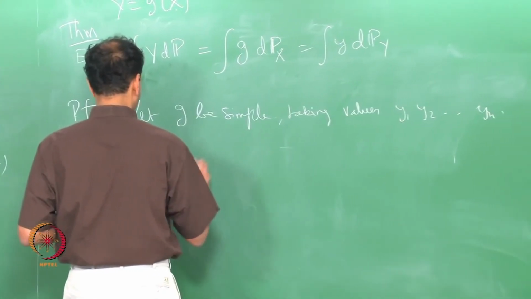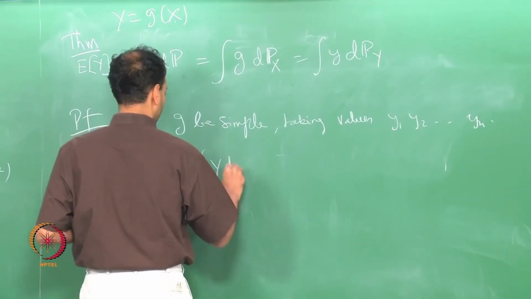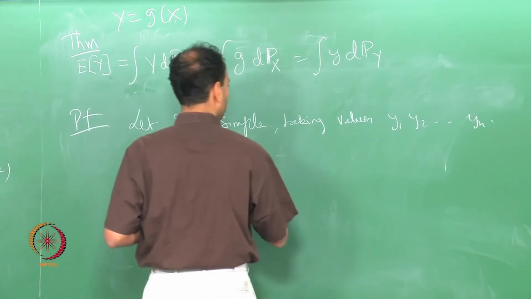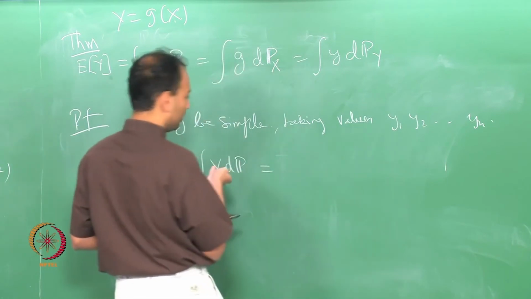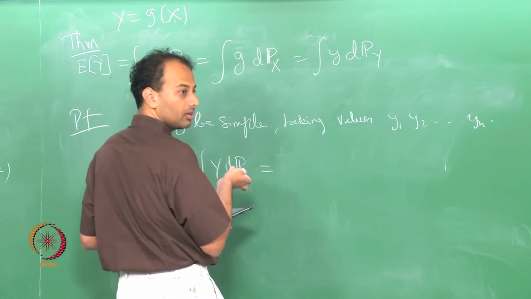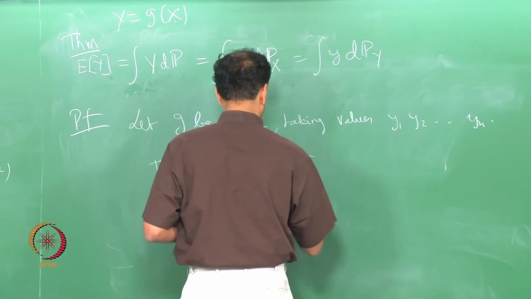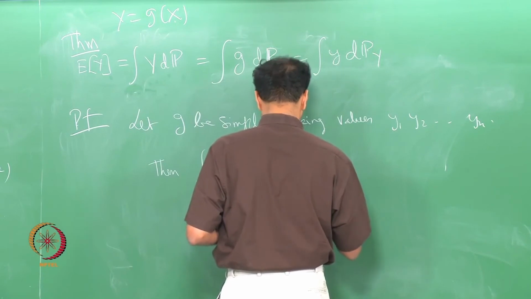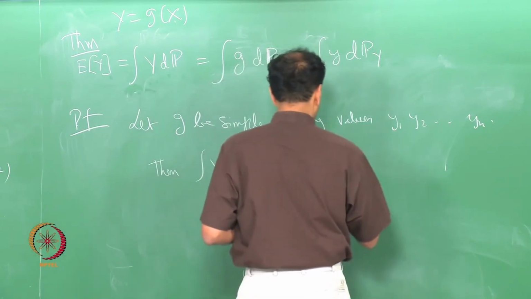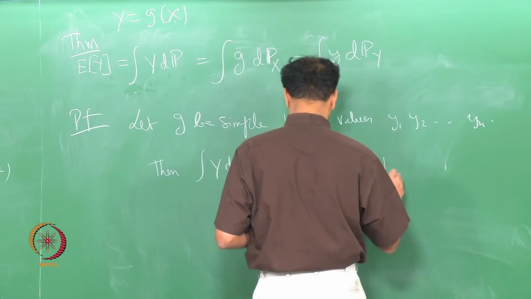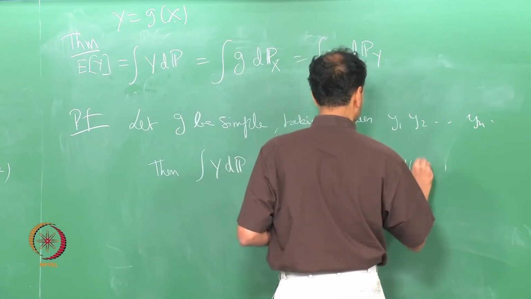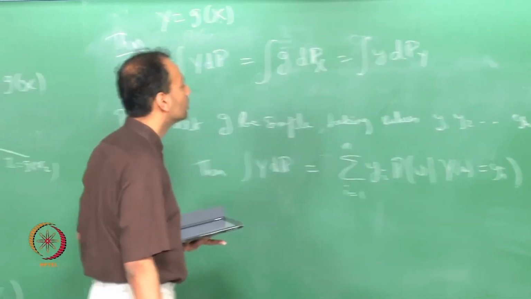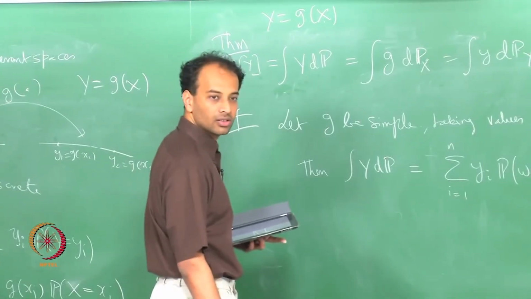Then the integral of y dP, since this is a simple random variable, I know what its expectation is: the sum over i equals 1 through n of little y_i times the probability of the set of omega for which y of omega equals little y_i.